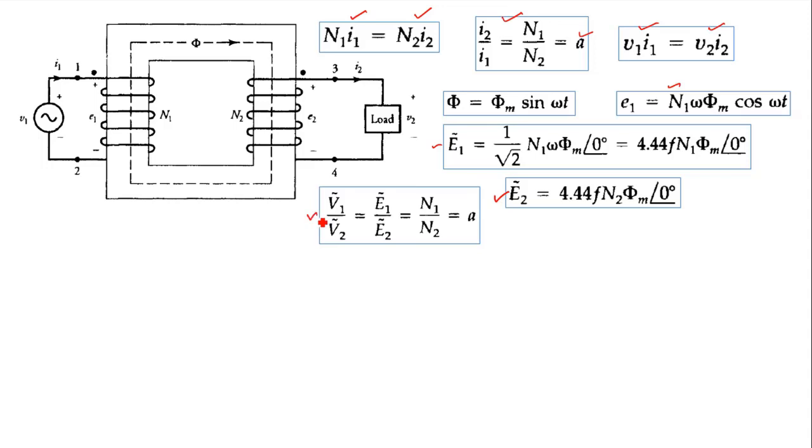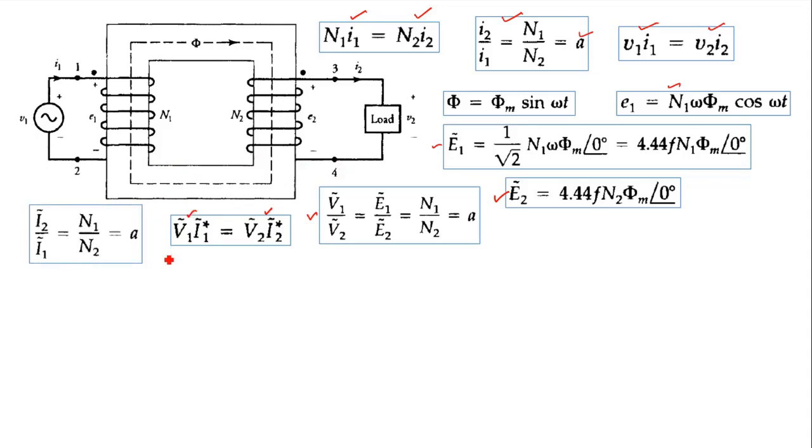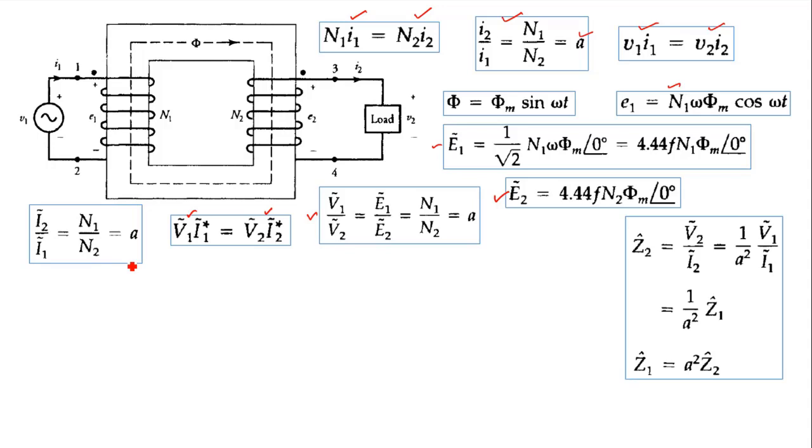And then by taking the ratio, we know N1 by N2 is equal to V1 by V2, and hence it will be equal to E1 by E2 because there is no voltage drop, as we are neglecting the resistance in the winding, right? And V1 I1 star is your complex power, that will also be equal at both ends of the transformer, input side and output.